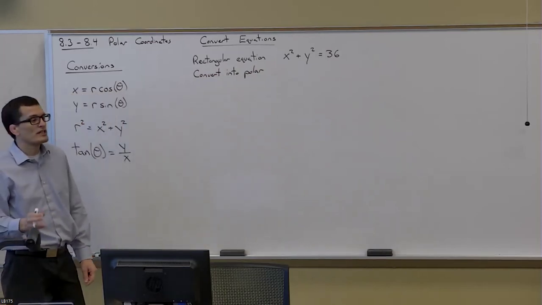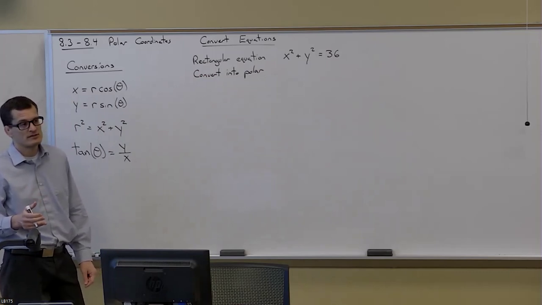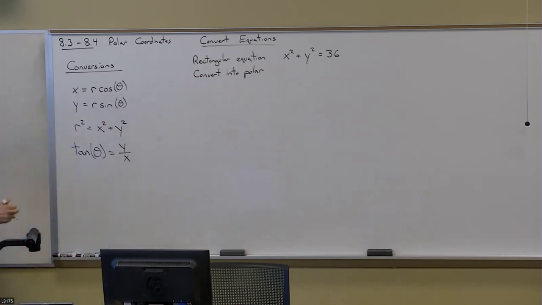Now, there's actually a couple of ways you can do this. If you're ever stuck in rectangular and have to convert to polar, you can always just replace every x you see with r cosine theta and every y you see with r sine theta. So that's one option, right?